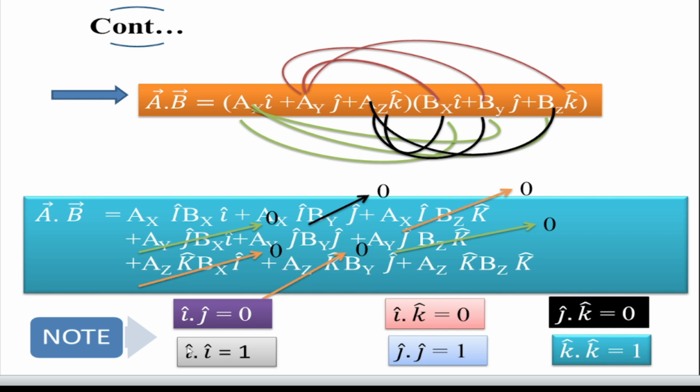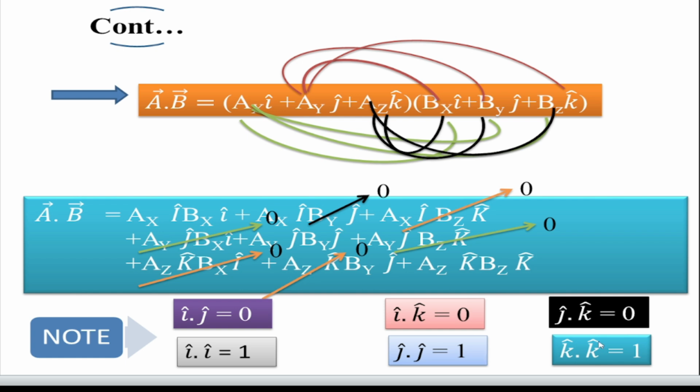Great. As we have discussed earlier, magnitude of i is 1, magnitude of i is 1, and then cos 0 is 1. 1 times 1 is 1. And hence, from this we conclude that i dot i, j dot j, k dot k becomes 1.